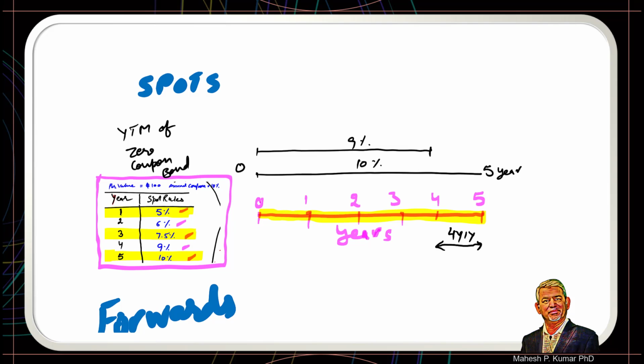And here, we have plotted this 5-year spot rate, 10%, which is given to us in this table. Now, what is this 5-year spot rate?